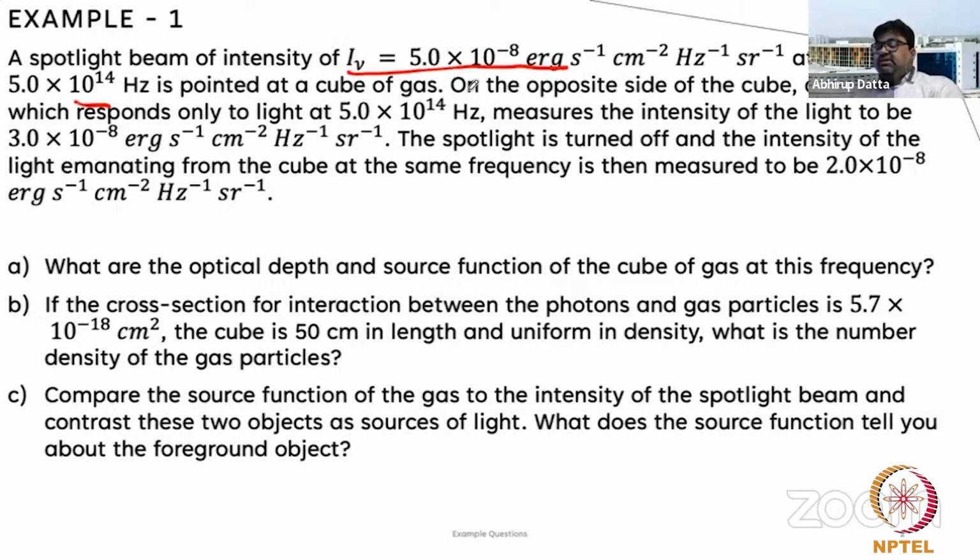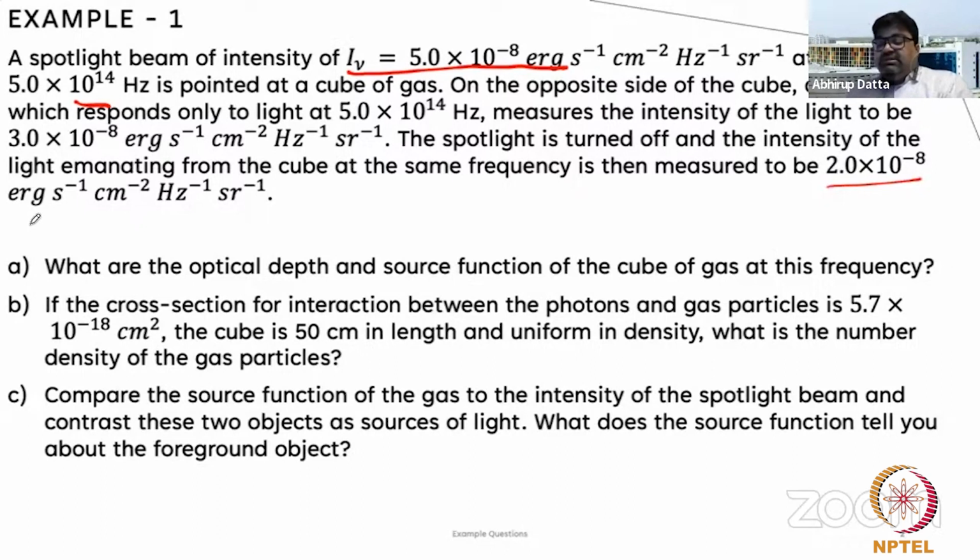On the opposite side of the cube, a detector which responds only to light at 5 × 10¹⁴ hertz measures the intensity of the light to be 3 × 10⁻⁸ ergs per second per centimeter square per hertz per steradian. The spotlight is turned off and the intensity of the light emanating from the cube at the same frequency is then measured to be 2 × 10⁻⁸, in the same units.